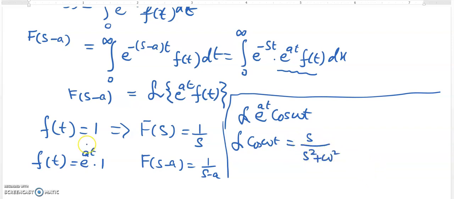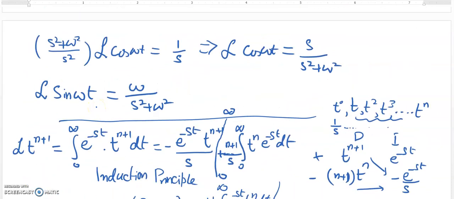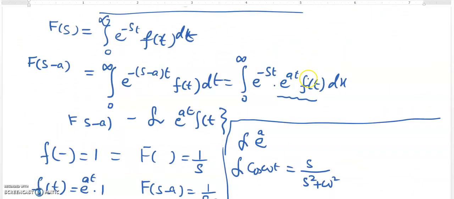We just found it out before. Let me see here, okay, s over s square plus omega square.